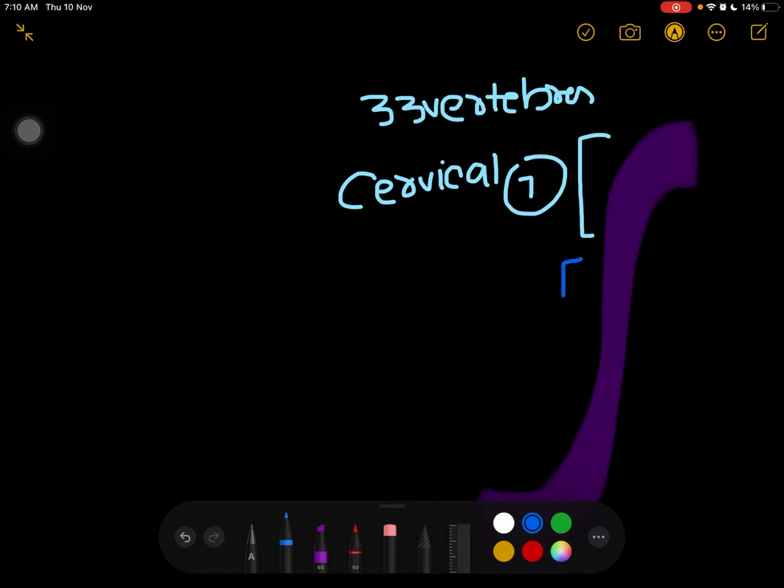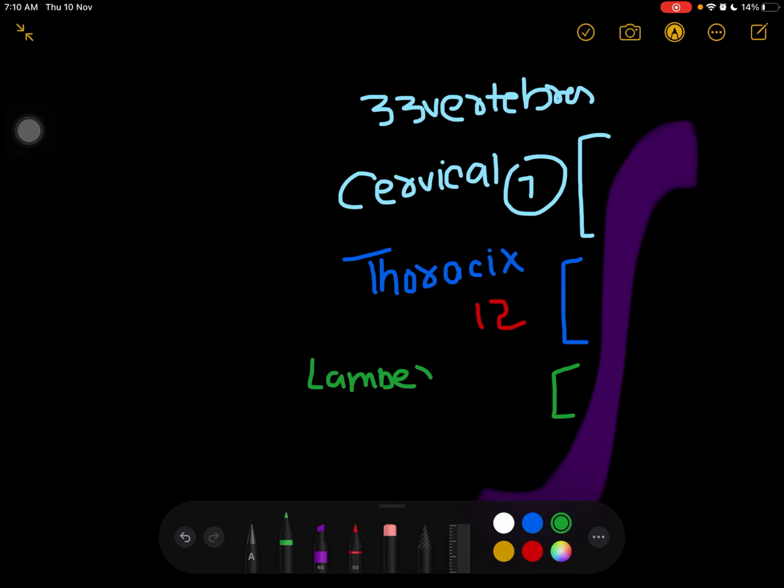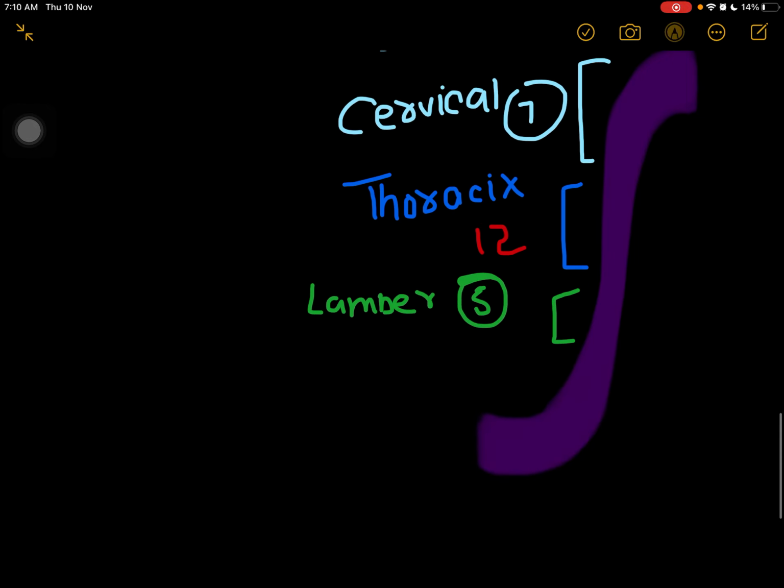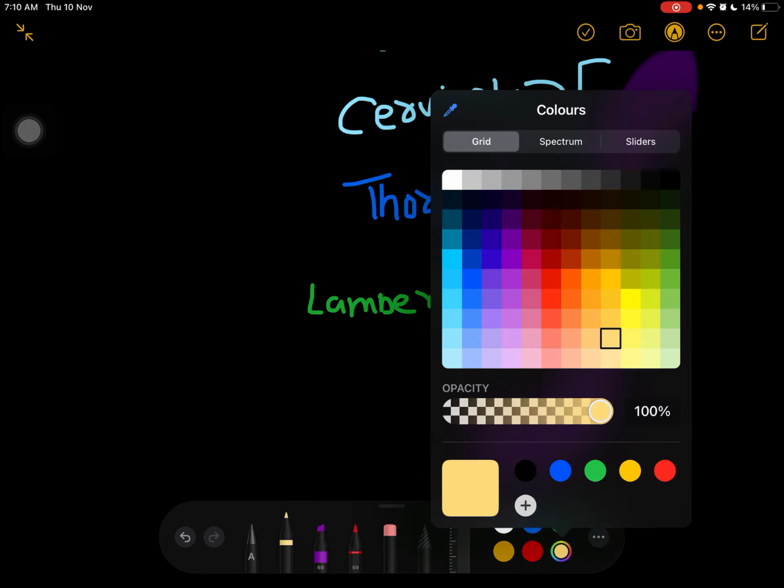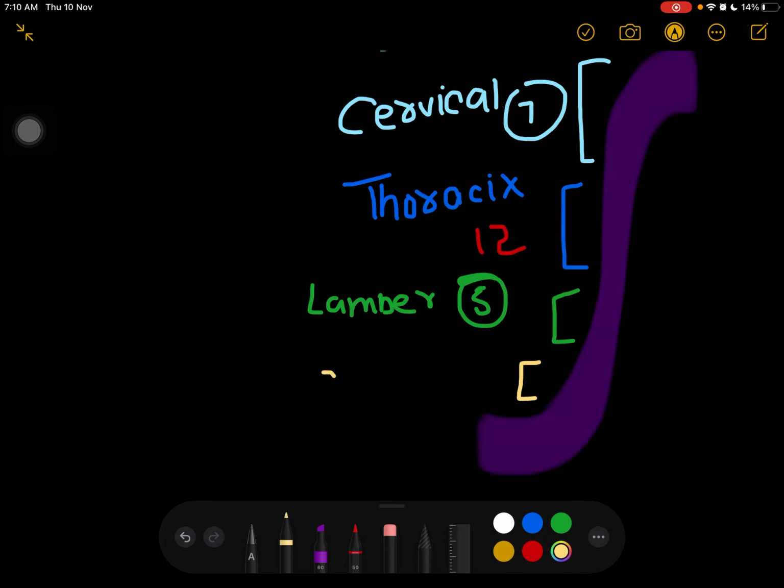Then we have the thoracic region, where we have almost 12 vertebrae. Then we have the lumbar region, which has 5 vertebrae. Then we have the sacral region, which also has 5.